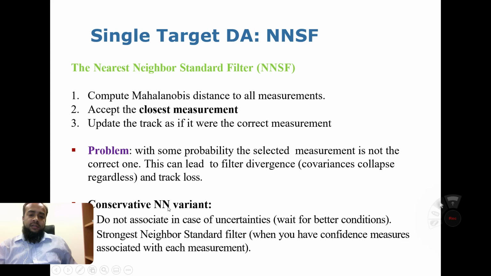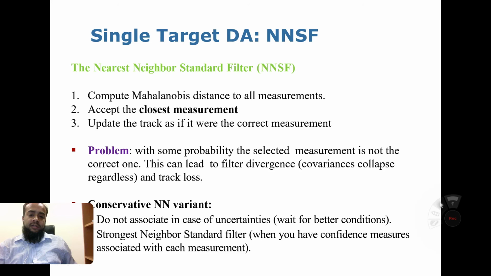The conservative nearest neighbor variant, a variant of the NNSF filter, does not associate in case of uncertainties.